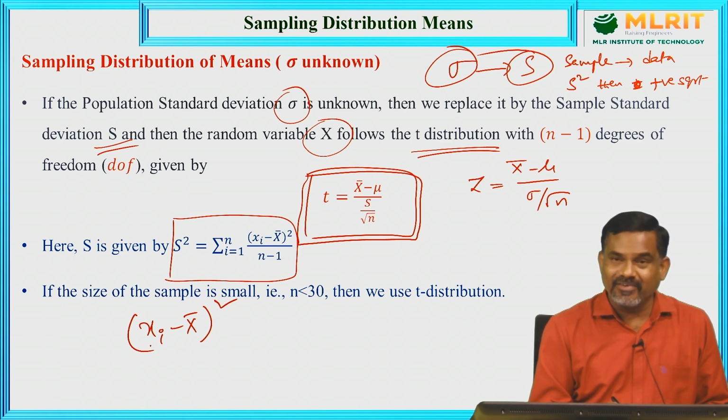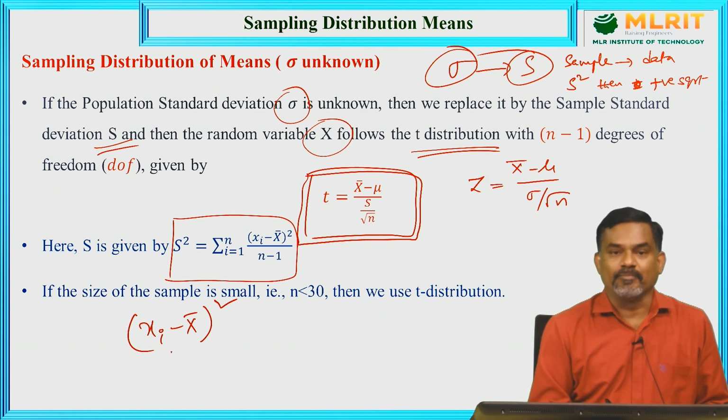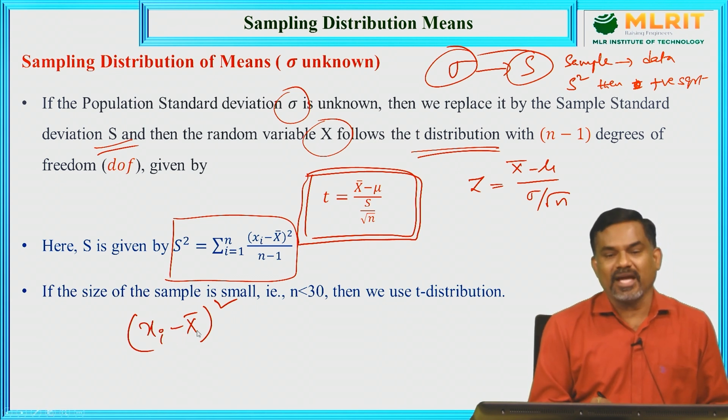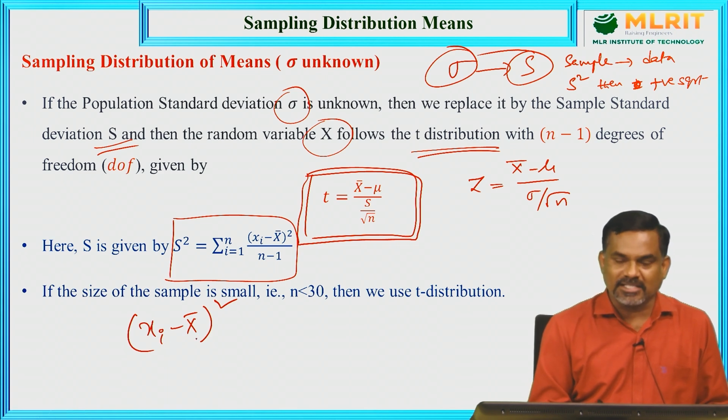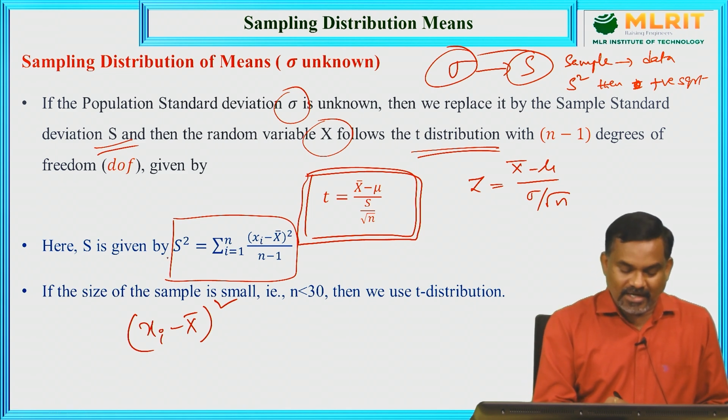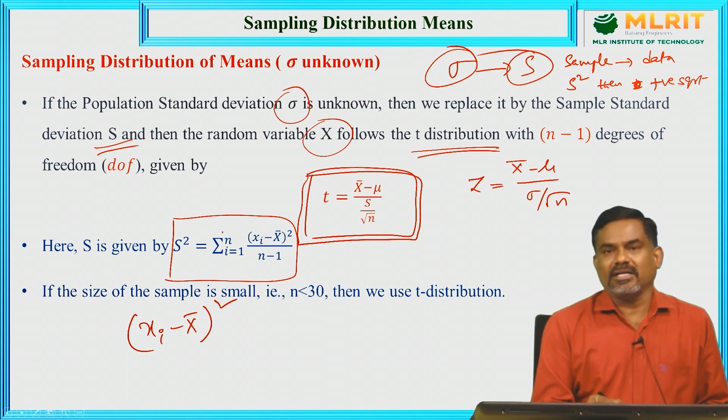Xi are the individual elements of the sample, x bar is the mean of the sample, and we are considering the difference between these two, so how the values are deviating from the actual mean. So the sum of xi minus x bar whole square divided by n minus 1 gives S square, and then take the positive square root of this, that gives the standard deviation.